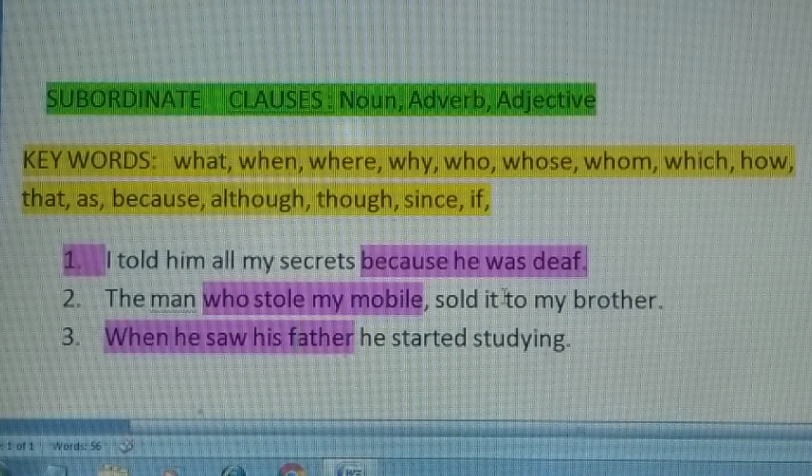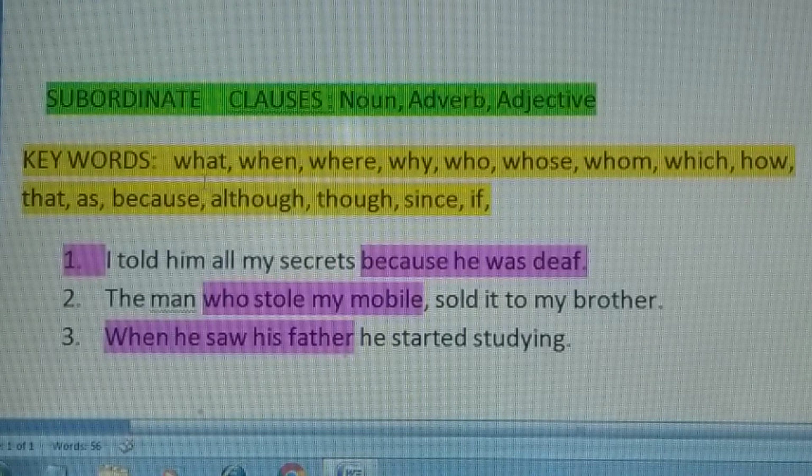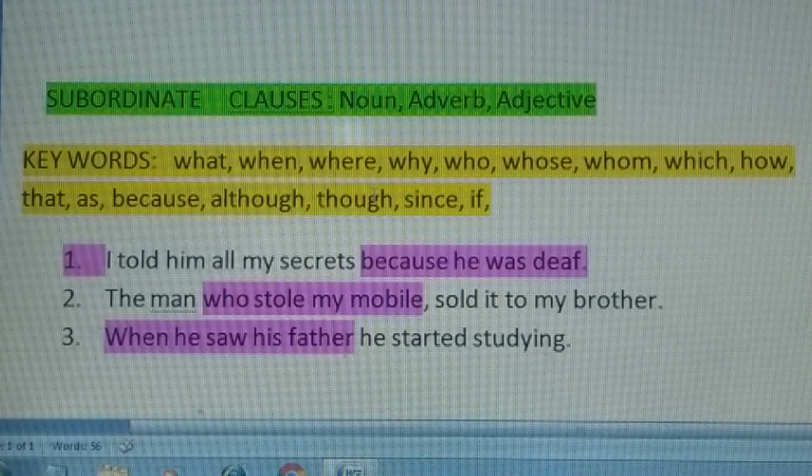The man sold it to my brother is the main clause and the subordinate clause is between these 2. So remember these words, they are keywords. Everywhere they have helped you to find out the subordinate clause. So remember these words and they will help you find the subordinate clause.